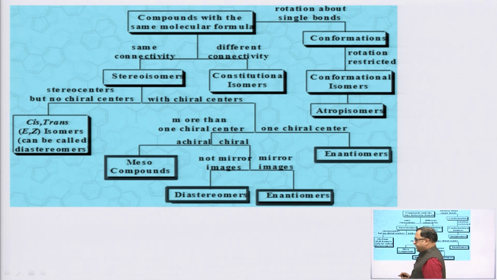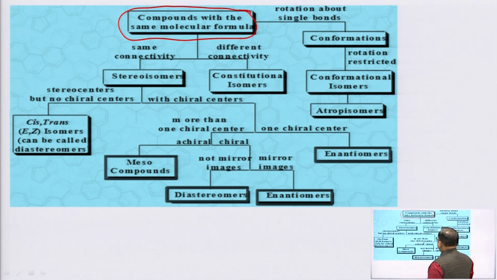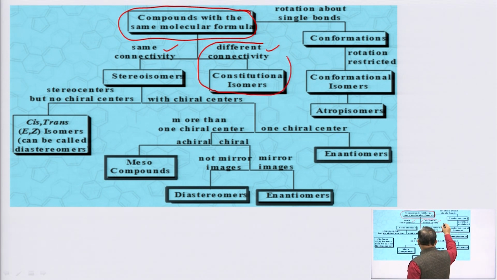Now, we can classify these isomers in a broad sense. So, what are the isomers? Isomers are compounds with the same molecular formula. Now, there are two possibilities: they might have the same connectivity or they might have different connectivity. As I have told in the previous slide, if they possess different connectivity, then we call them constitutional isomers.